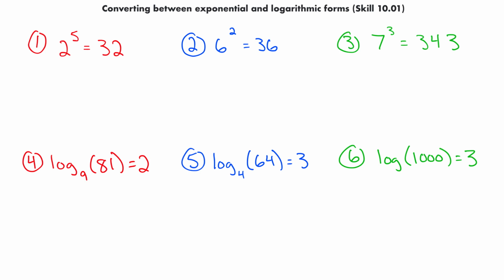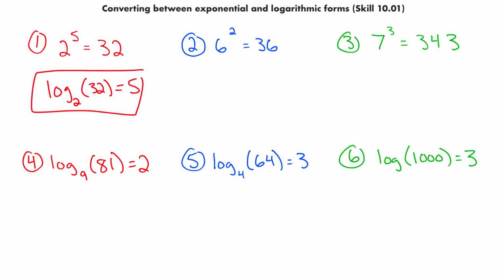So problem number 1, I have 2 to the 5th power equals 32. If I wanted to convert that into an equally true logarithmic statement, that would be log base 2 of 32 is equal to 5. Problem number 2, I have 6 to the 2nd power equals 36. As a logarithm, that would be log base 6 of 36 is equal to 2.